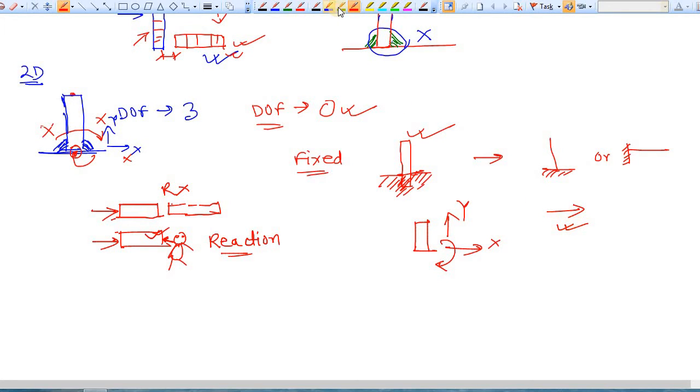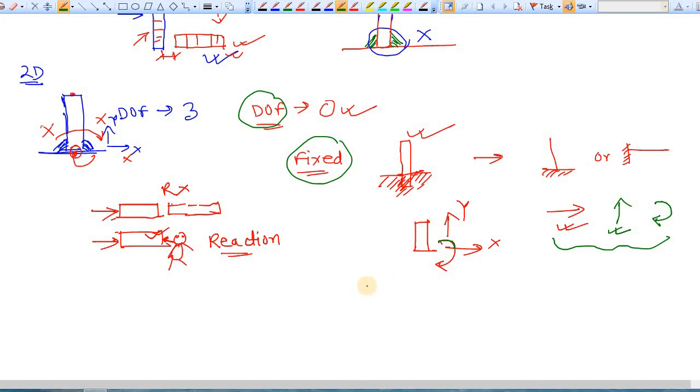Not only that, in the y direction you have restricted the movement, so in the y direction there will be a reaction force. Also, you have restricted rotation about the z axis, so there is a reactive moment about the z axis too. So in case of a fixed joint, there are 0 degrees of freedom but 3 reactive forces.